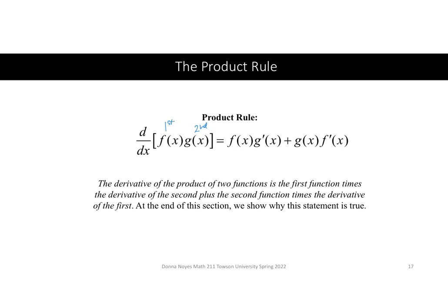So to me, this is the first times the derivative of the second, plus the second times the derivative of the first. So you can memorize this rule for functions, or you can just memorize the little mnemonic that I use for that one.